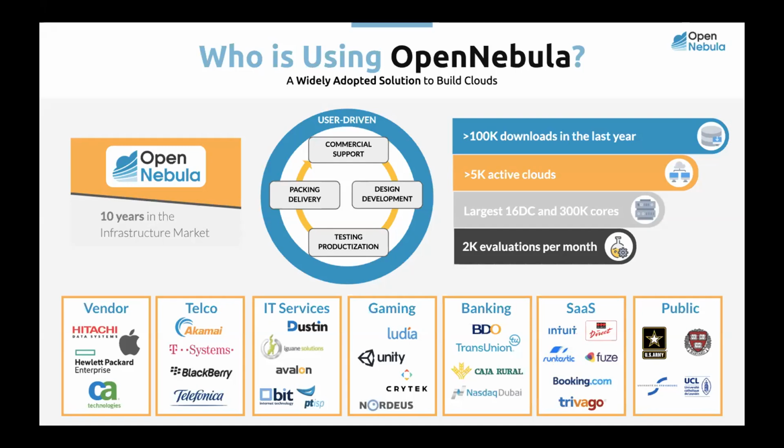There are over 5,000 OpenNebula clouds currently running, the largest of them spanning 16 different data centers and 300,000 different cores. And if you take a look below, you'll see some of the users and customers of OpenNebula spanning all industries. Among other things, this really just helps to highlight not only its broad flexibility, but also the fact that it's production and enterprise ready.